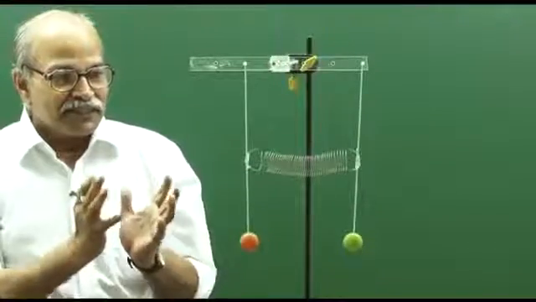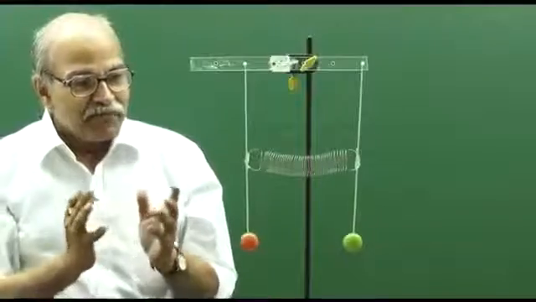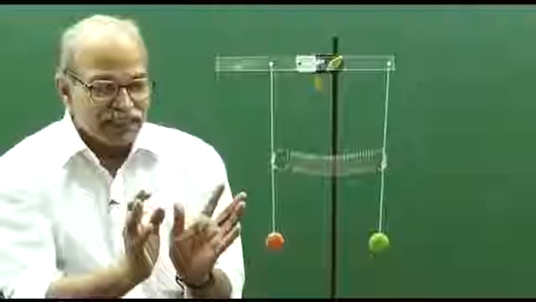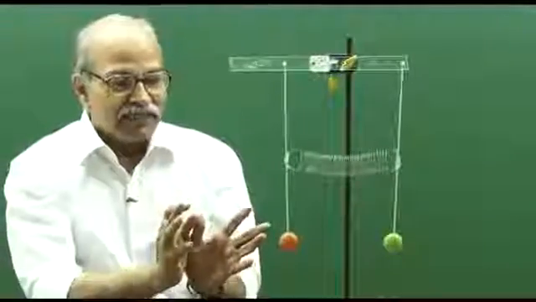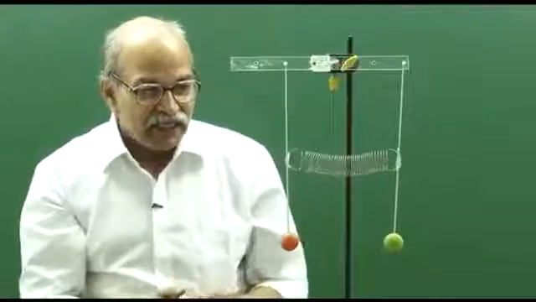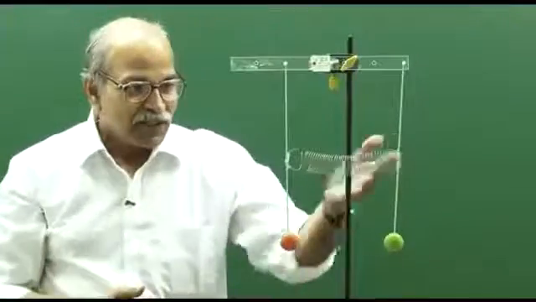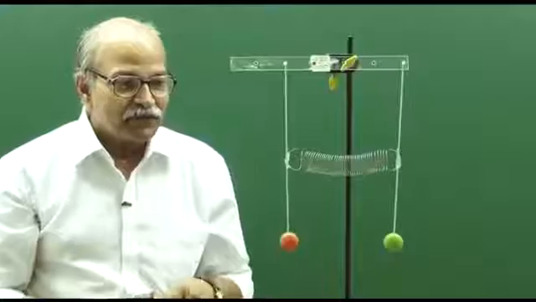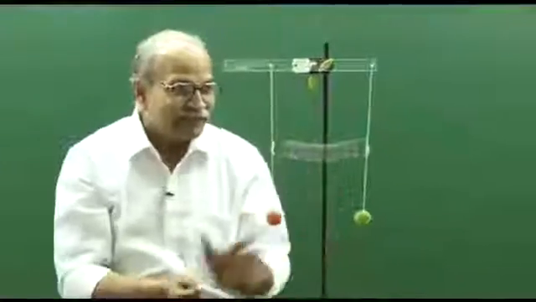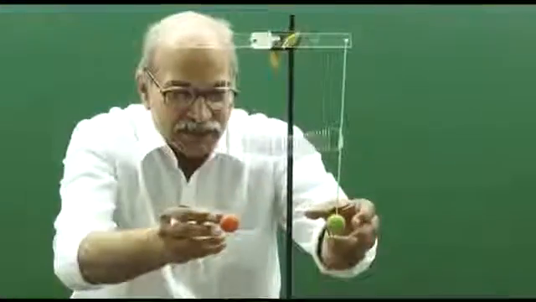Now, this vibrating system can be vibrated in several manners. One is the simplest, and that I will be doing now. I will oscillate it, and I will ask Anurag ji to measure the time for 10 oscillations, and then we will get the time period. Ready? Okay. So, I am starting the oscillations.